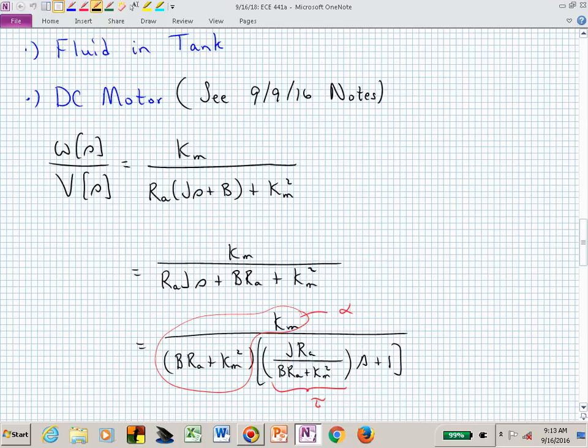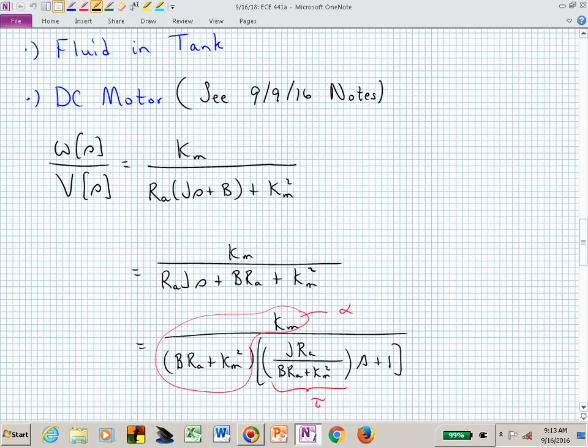Maybe we just want to know how to model this circuit as a first order transfer function, and I'm hoping you can see that what I've circled, all of that combined is just a constant, and we could call that alpha. Everything scaling the S is just a tau.